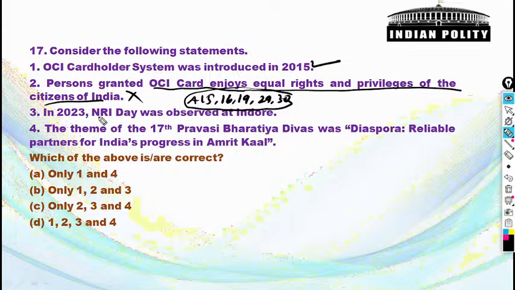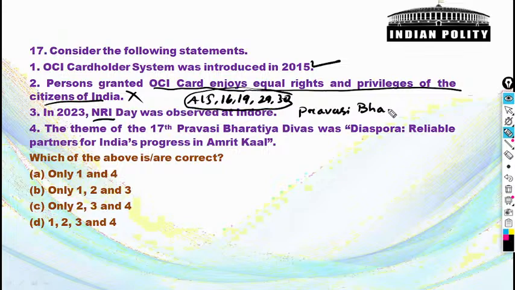In 2023, the NRI Day was observed at Indore. NRI Day means Pravasi Bharatiya Divas. Pravasi Bharatiya Divas was recommended by the LM Singhvi Committee, and it was first started in 2003.